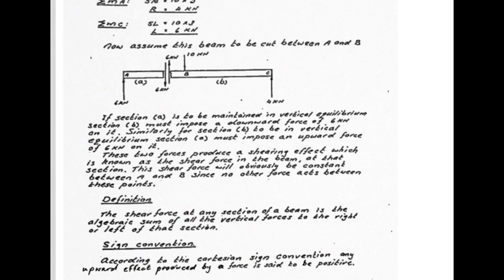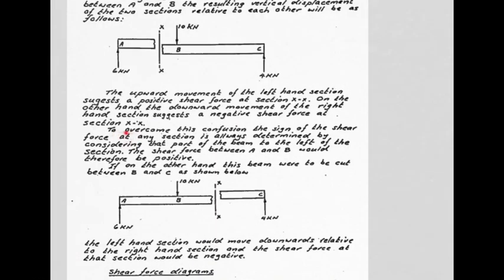But now the confusion comes in because there was also what appears to be a downward effect at that very same point. Now, to stop that from being confusing, the following is applied. To overcome this confusion, the sign of the shear force at any section is always determined by considering that part of the beam to the left of the section.